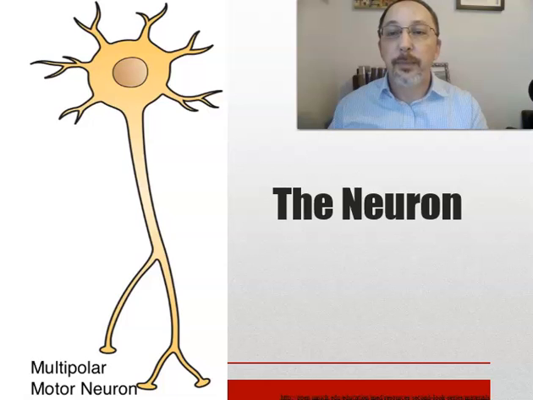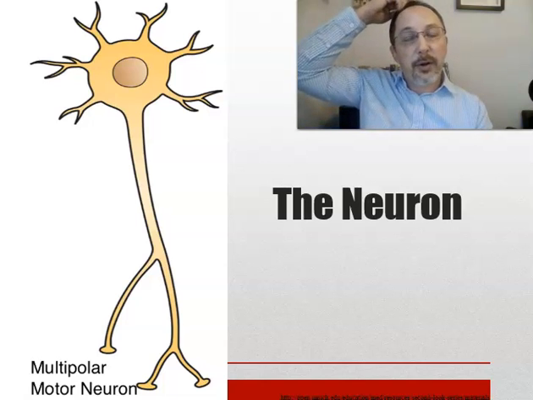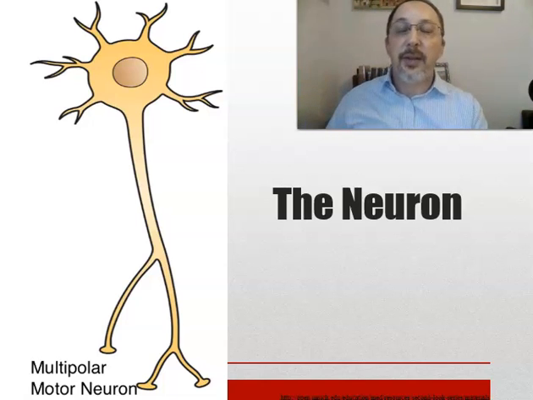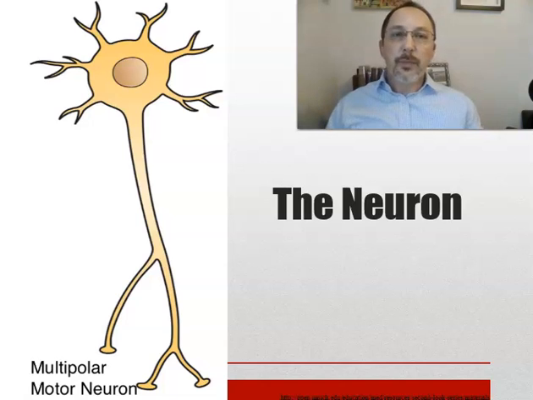Here's our neuron. And so what we care about here is, at the top, you see the cell body with a nucleus, and then you see these branches coming off it, which are the dendrites. And the dendrites are what get information from other cells.